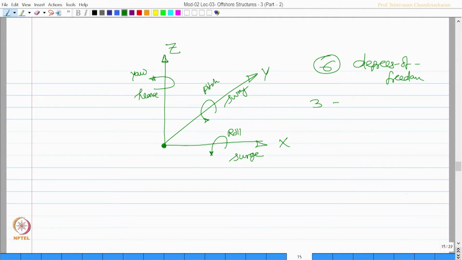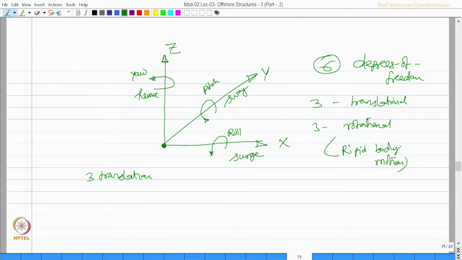Three translational, 3 rotational. All are rigid body motion. The whole system displaces in this style. So, amongst the 3 translational, surge and sway are kept to be highly flexible.